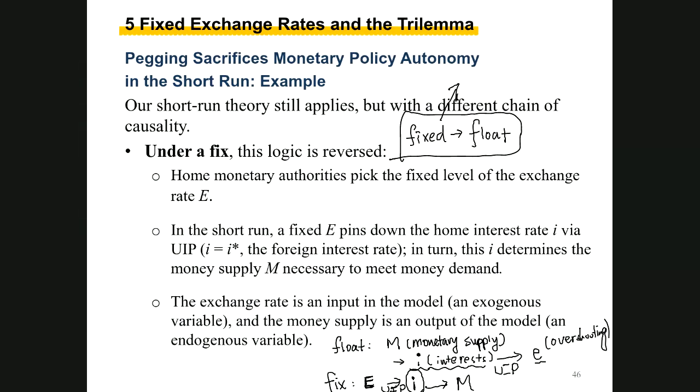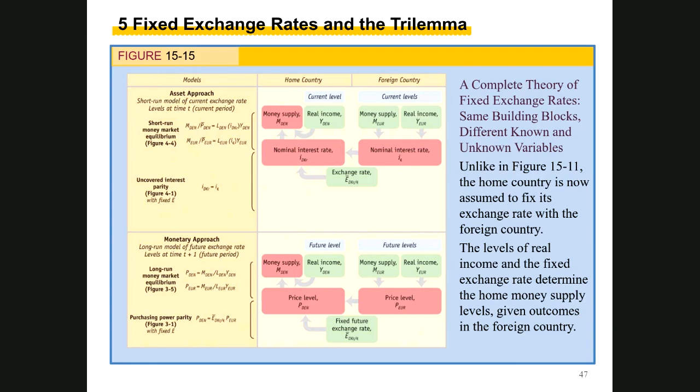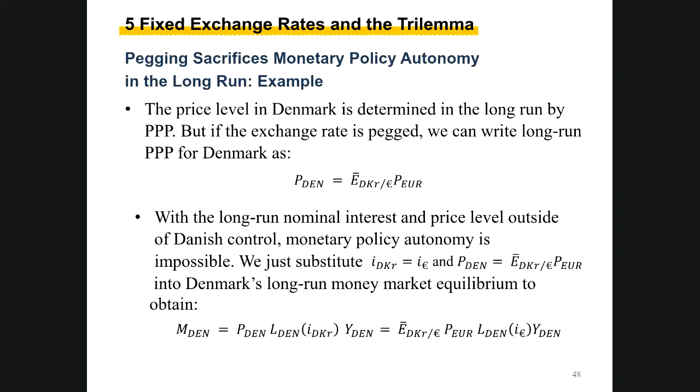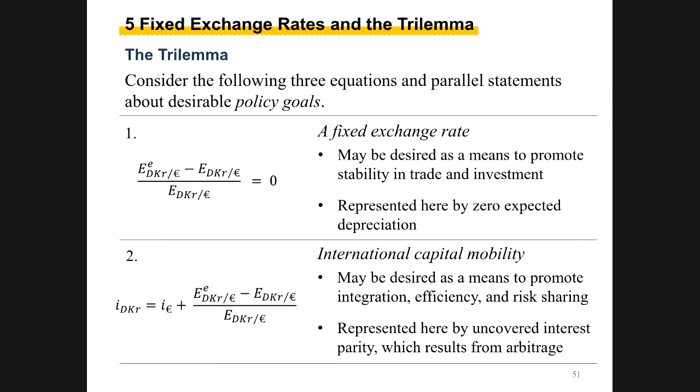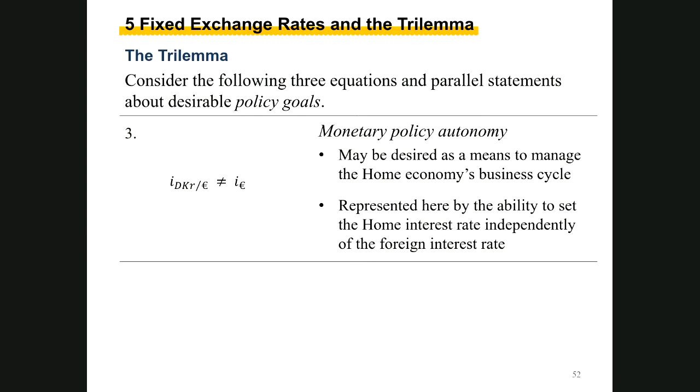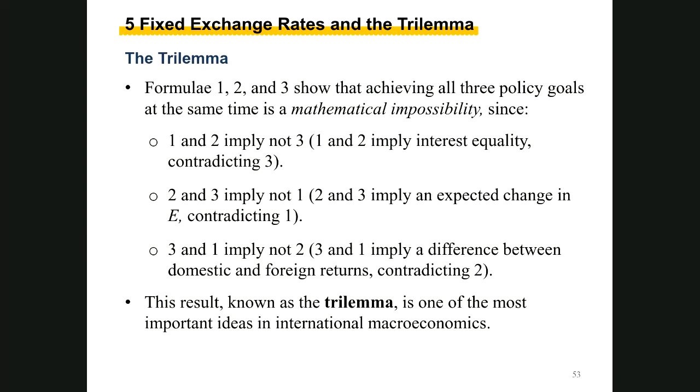Okay, the last part of today: I told you there's a trilemma in macroeconomics, especially in foreign exchange rate theory. So what is the trilemma? People always talk about a dilemma. A dilemma means A and B cannot hold at the same time, right? But now it's a trilemma.